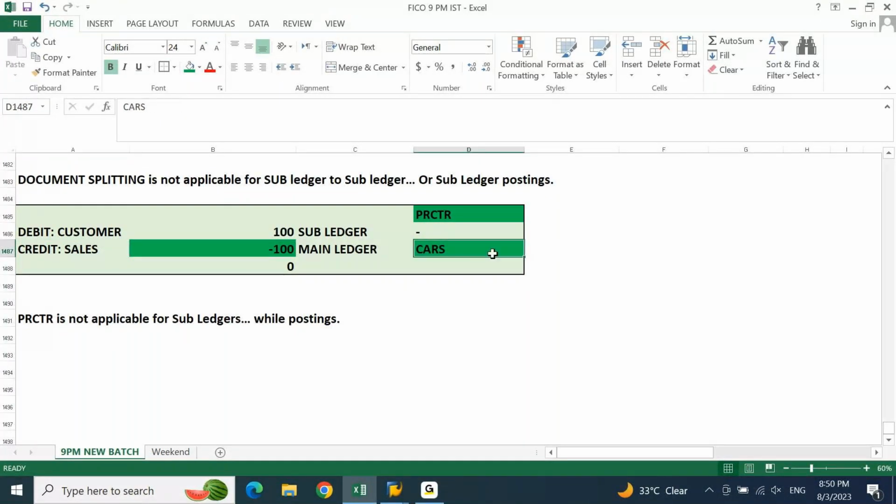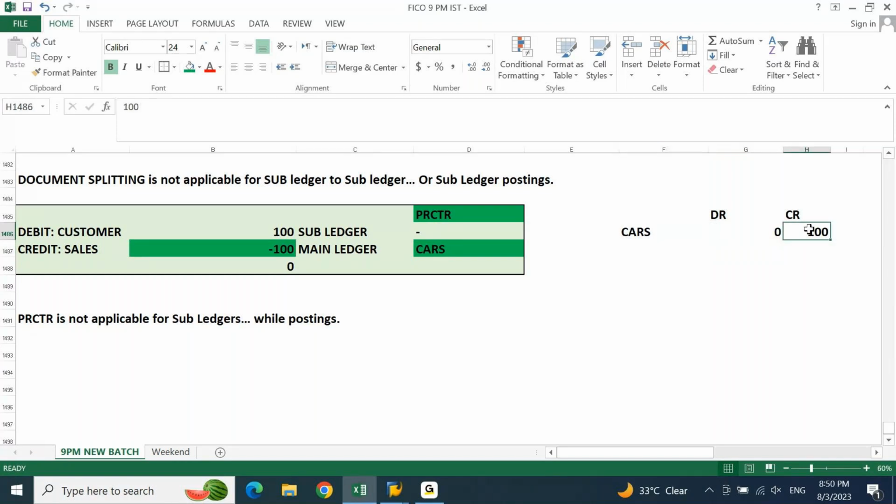Now, when I try to balance it, profit center cars. Now I have two profit centers. If I take profit center cars, at this level, I have debit. And if I take credit, for profit center cars, I have a credit of 100, but there is no debit. Debit is 0. Now at car level, my debit and credit is not matching.